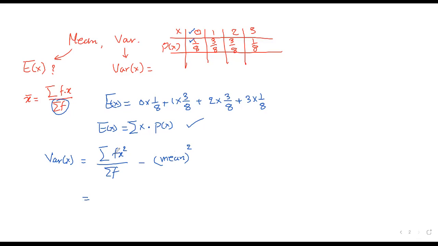There is f times x squared, which means we have to square the x's and multiply them by their frequencies divided by the sum of frequencies. Which means what we are doing here is squaring the x's, multiplying them by their probabilities with the sum, minus the mean squared.